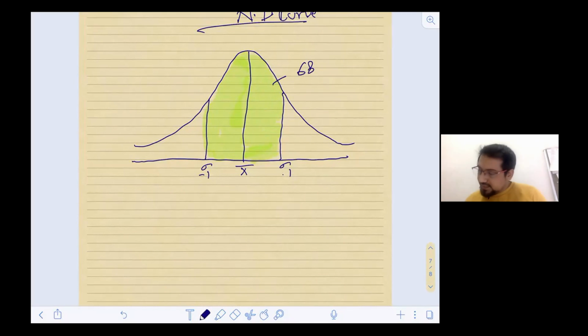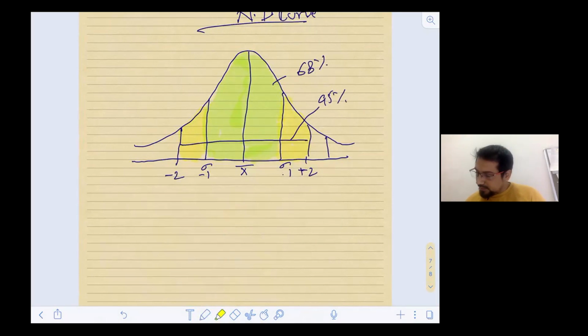And they said that within standard deviation 2, minus 2, plus 2, this whole area is approximately how much? 95%. Let me write it down in percentage.